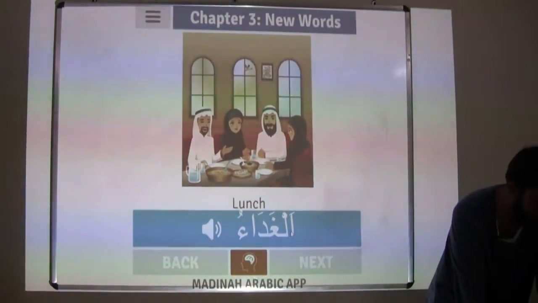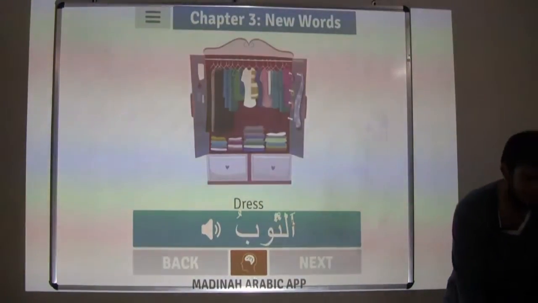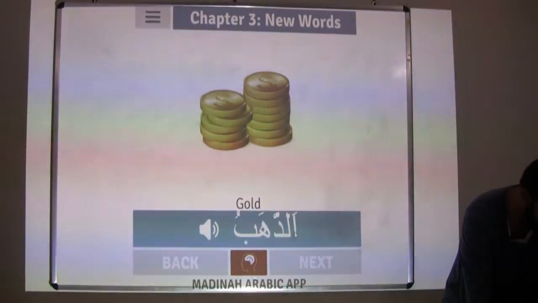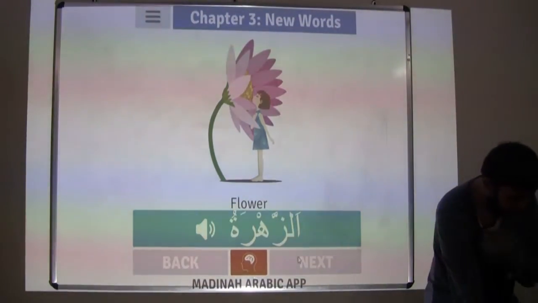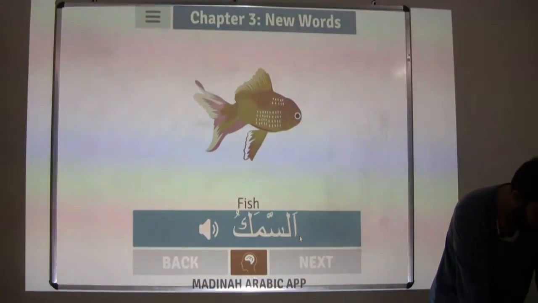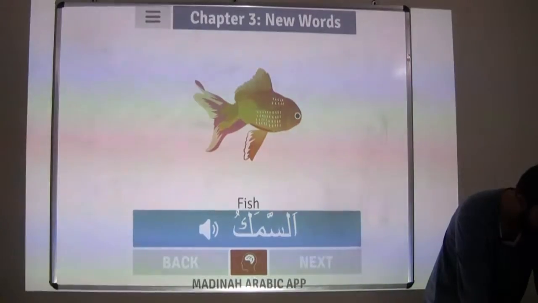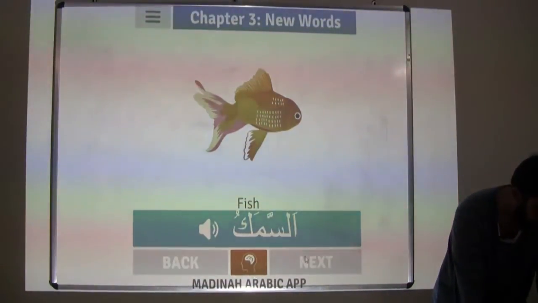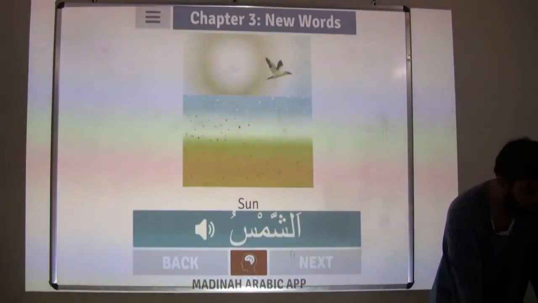Everything, roti also they call. الغداء. Al-ghada, lunch. الثوب. الذهب. الزهرة. السمك. As-samaku. السمك. Okay. الشمس. Shams.